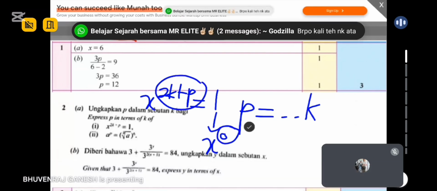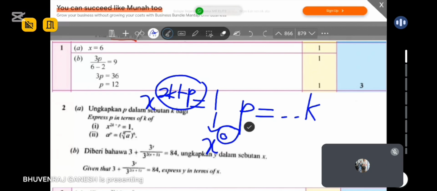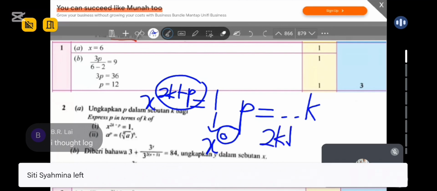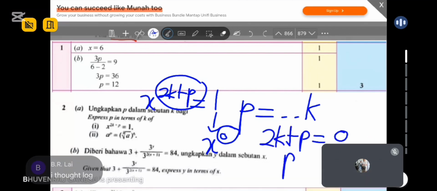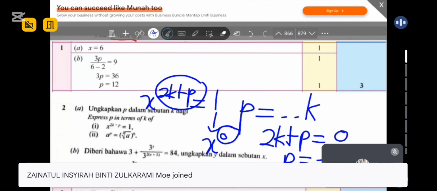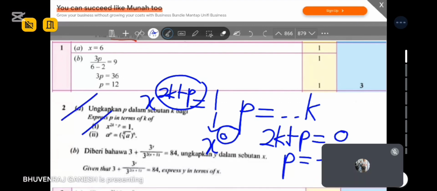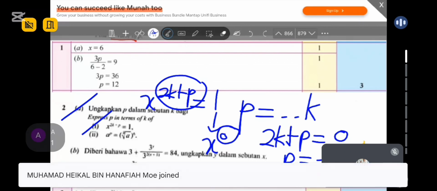Betul? You will compare the power directly. Sebab asas dah sama. Your base is the same. So you can direct compare kuasa. Okay, so you will get 2K plus P equals 0. So P sama dengan negative 2K. That's all. Settle. Okay, this one is for A1. Okay, clear, guys? A1 boleh? Senang kan? Very simple. Okay, next one.